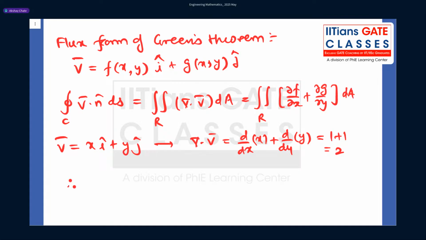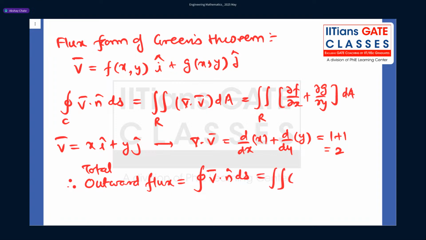Okay, so therefore the total outward flux, sometimes they call this the net outward flux also, which is given by this line integral of the vector field and the unit normal at each and every point over the closed contour, which is a circle here, comes out to be 2 into dA over the area of integration.